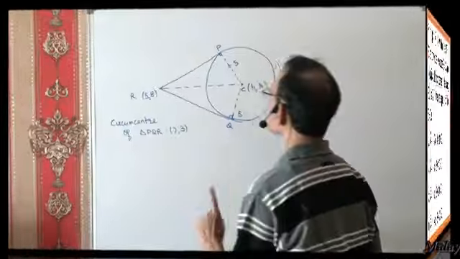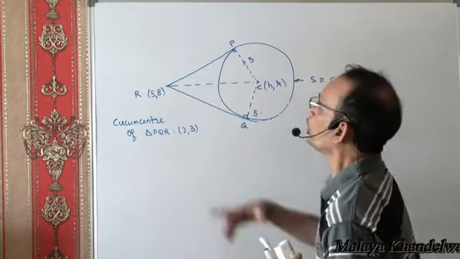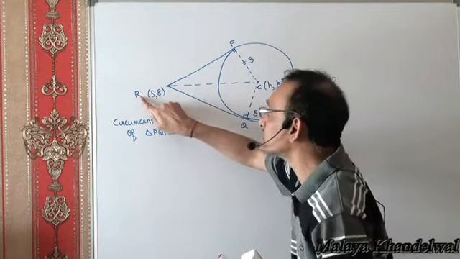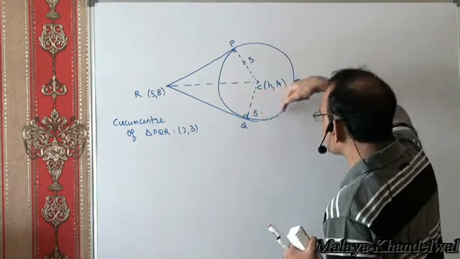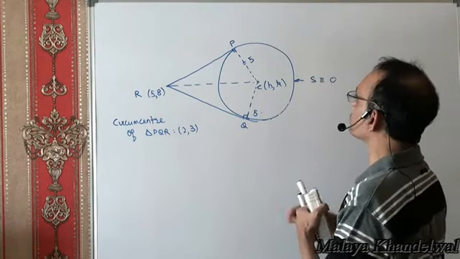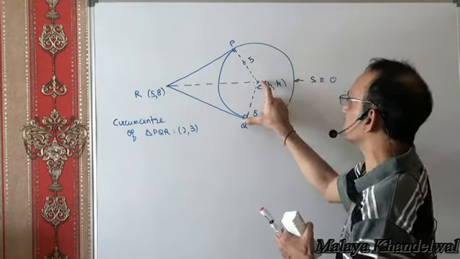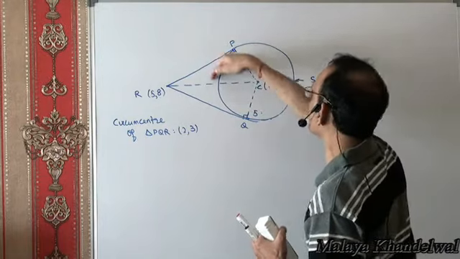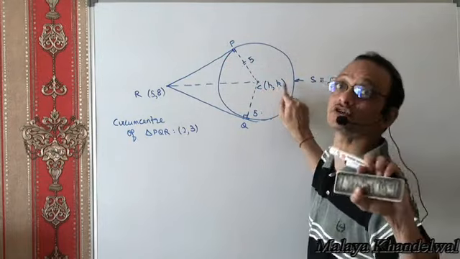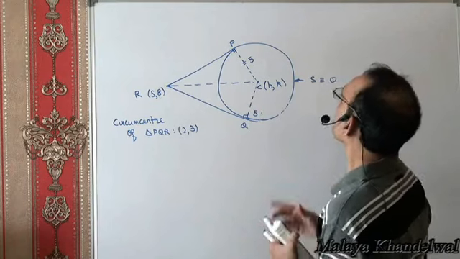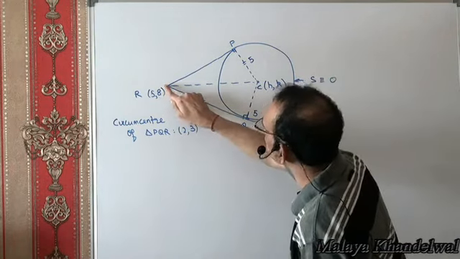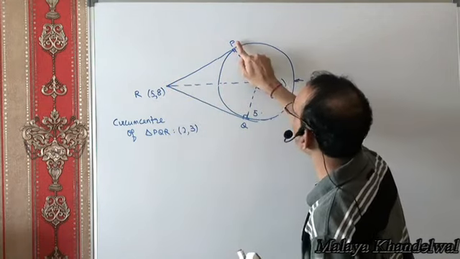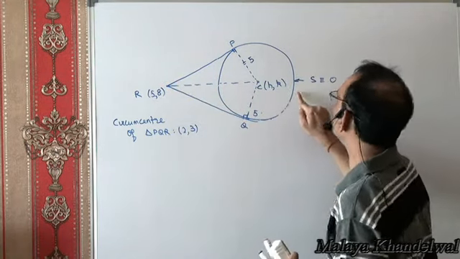So the next problem is about a point R (5, 8). And there is a circle S equal to 0 whose radius is 5 units, centered at some point C (h, k), which we still do not know, such that from this point R we draw a pair of tangents RP and RQ to this circle.